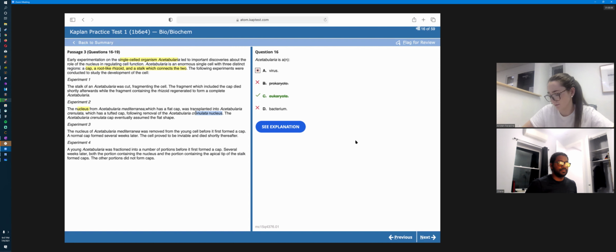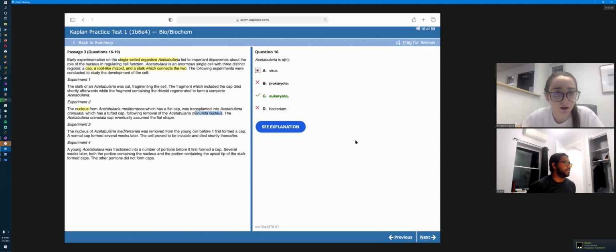This is a lot to reason through, I'll be honest. If I were to draw it out, I would write nucleus, arrow to cap, I suppose. Okay, so now we're in experiment 3.